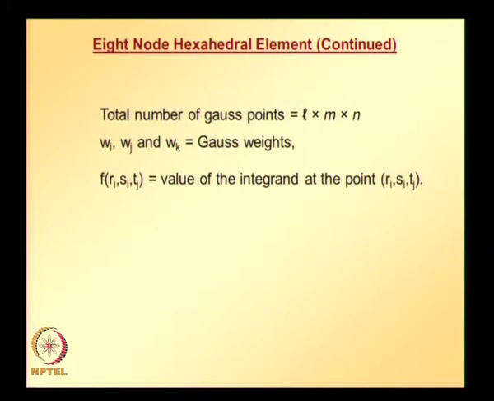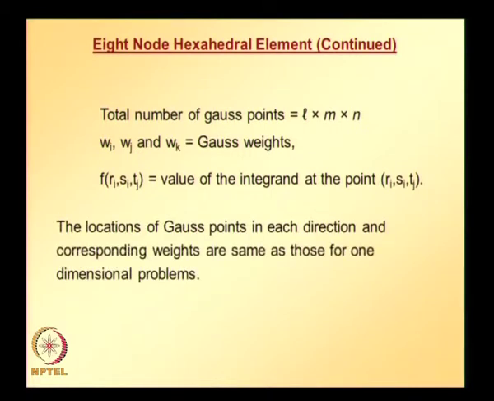And now the important thing is how to know the locations and weights. The locations of Gauss points in each direction and the corresponding weights are the same as those for 1 dimensional problems that we are already familiar with. So, let us look at the Gauss weights at each Gauss point and the corresponding locations of the Gauss points if we try to adopt 2 by 2 by 2 integration.